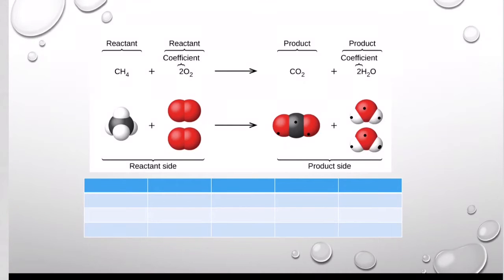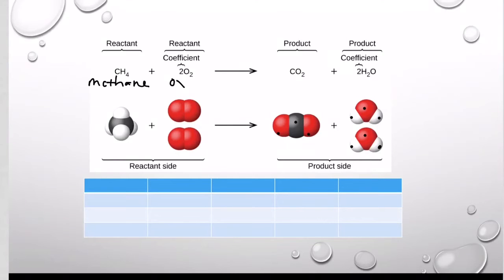Okay, on your sheet, you should have this in front of you. And this is a reaction that you're quite familiar with. We have our 2 reactants, our 2 products. Remember, our arrow means to form. So let's actually look at what our reactants were. CH4 is commonly known as methane.